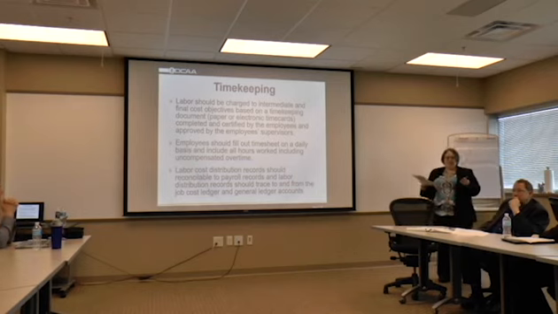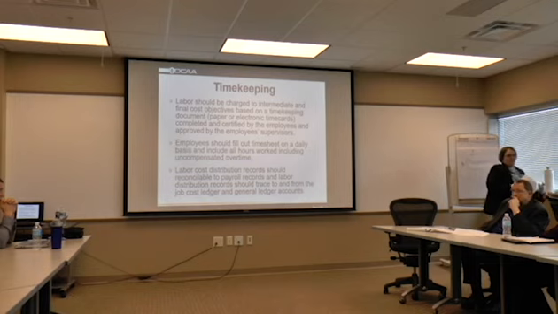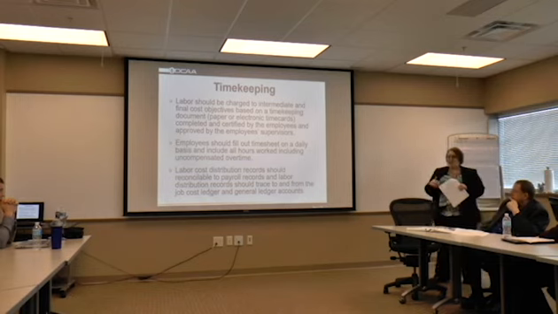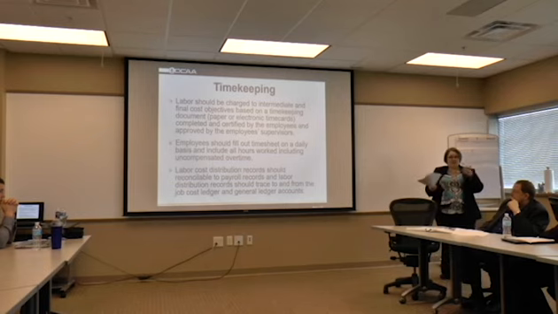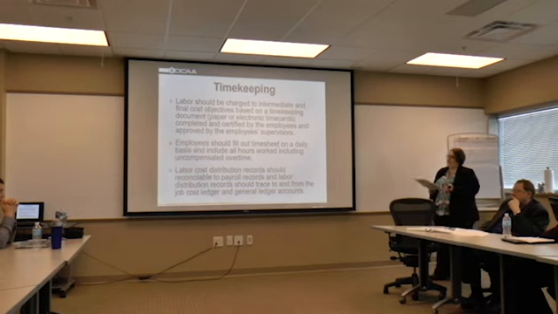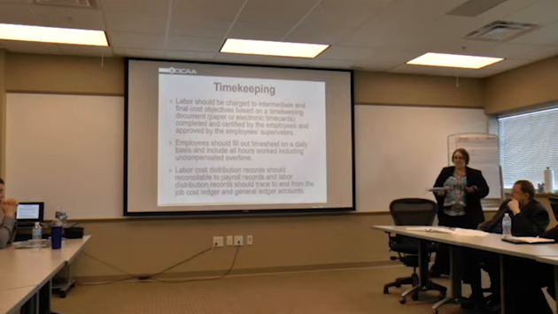If it's timesheets, they shouldn't just be out in a stack over here. They should be a controlled document or have a system with access, usernames, PINs, and so forth. It needs to provide an audit trail of changes made to the timesheets. Employees should fill their timesheets out on a daily basis and include all hours worked, including uncompensated overtime.